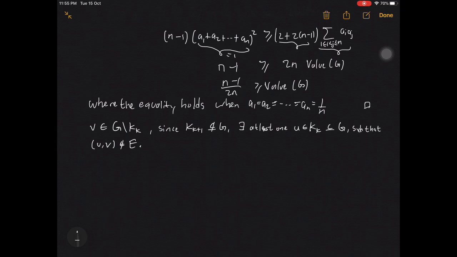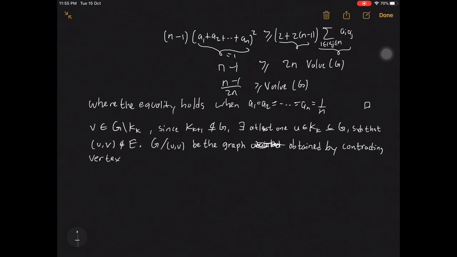Now we want to define the vertex contraction, where we define G divided by UV to be the graph obtained by contracting vertices U and V. We might define what the label will be after we contract these two vertices.